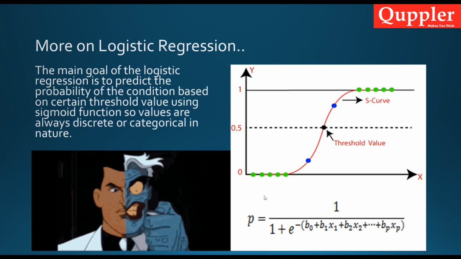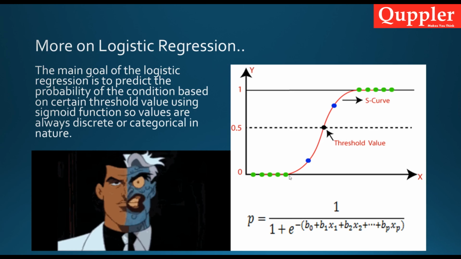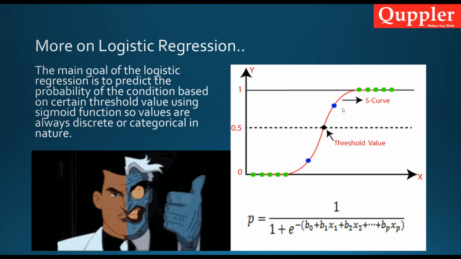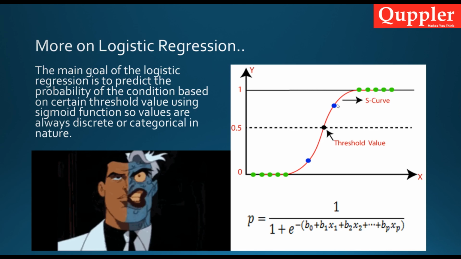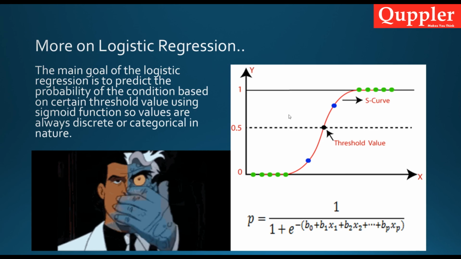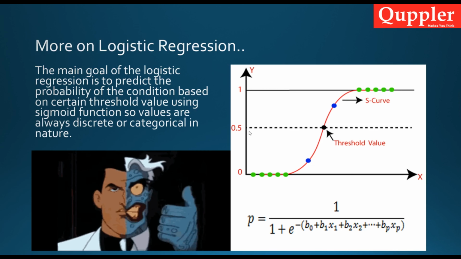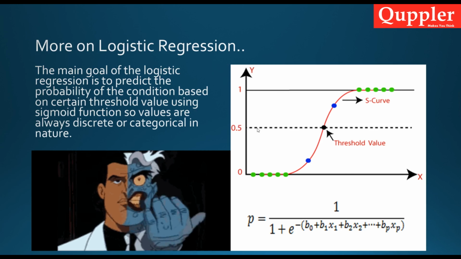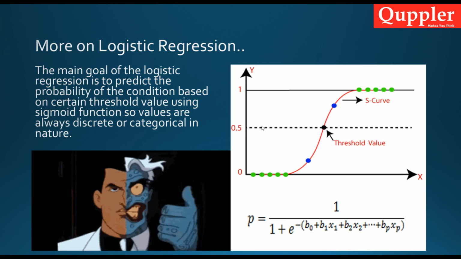Let's say the green color plotted on this graph is my actual value, and this red S line you are seeing here is my S curve. We divide this graph using one constant, 0.5, which would be my threshold value.